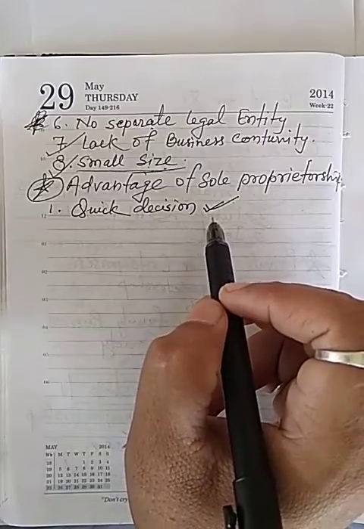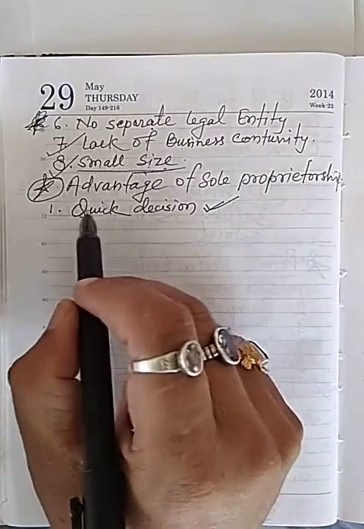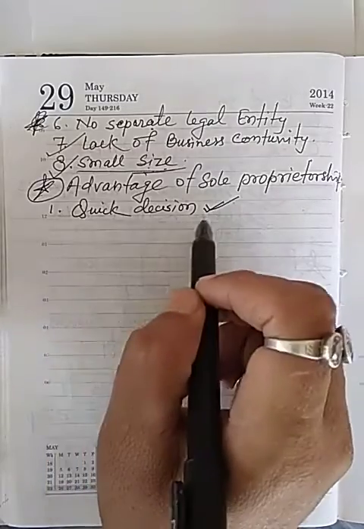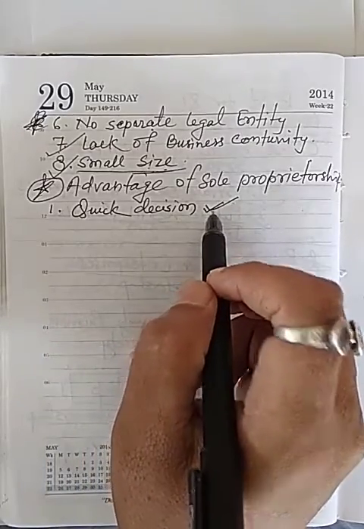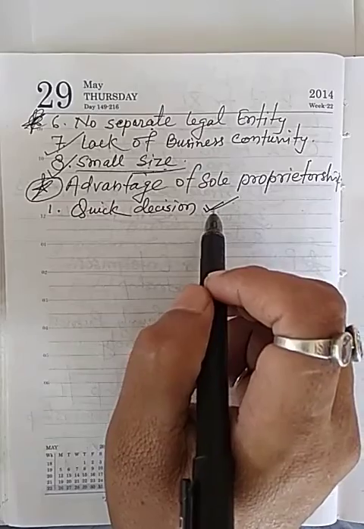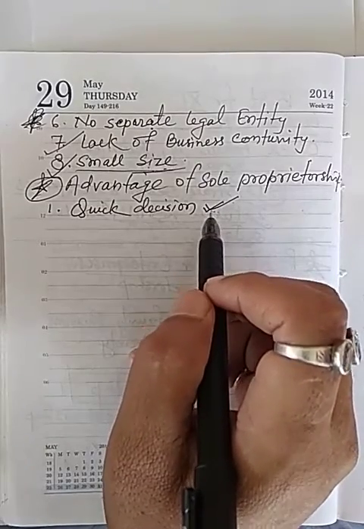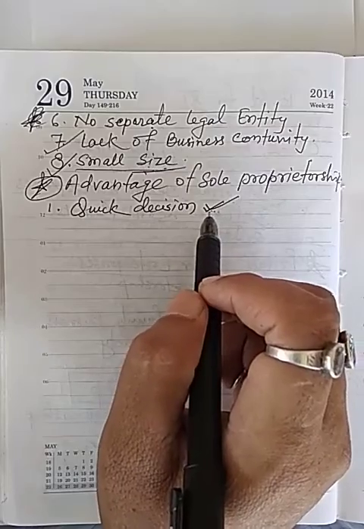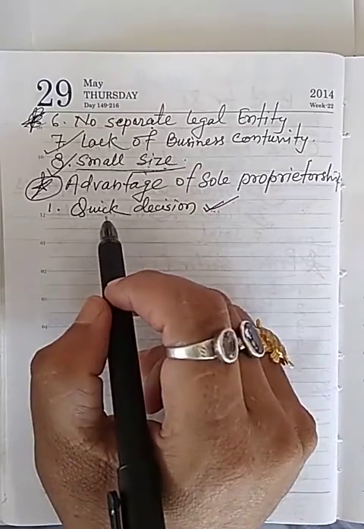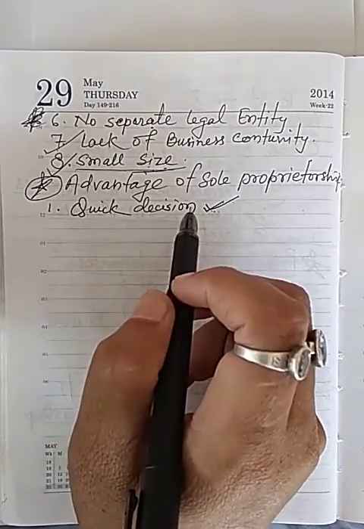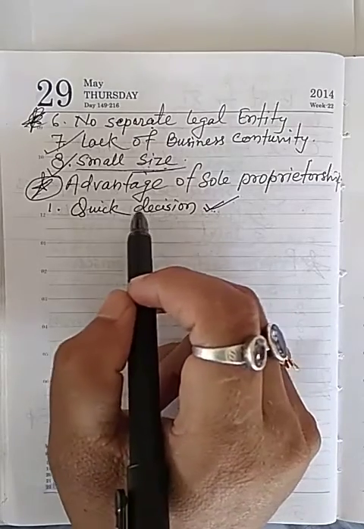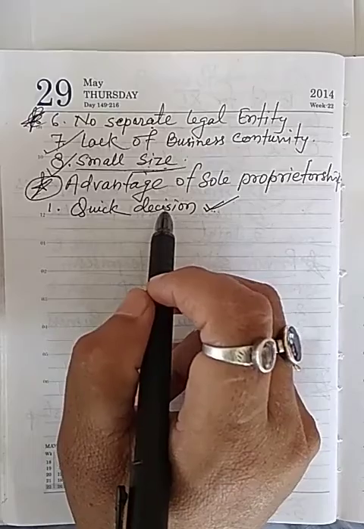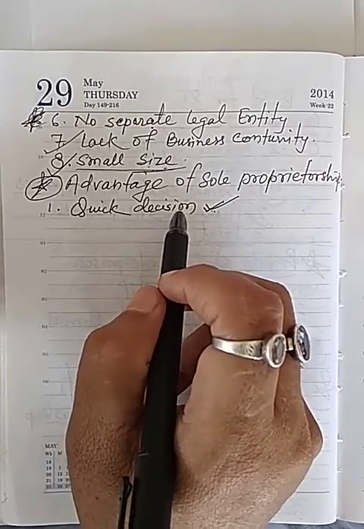He is not supposed to consult anyone and waste time. By quick decisions, immediate action can be taken, which brings flexibility of operation. There is no delay and the business can quickly adapt itself to the changing environment.